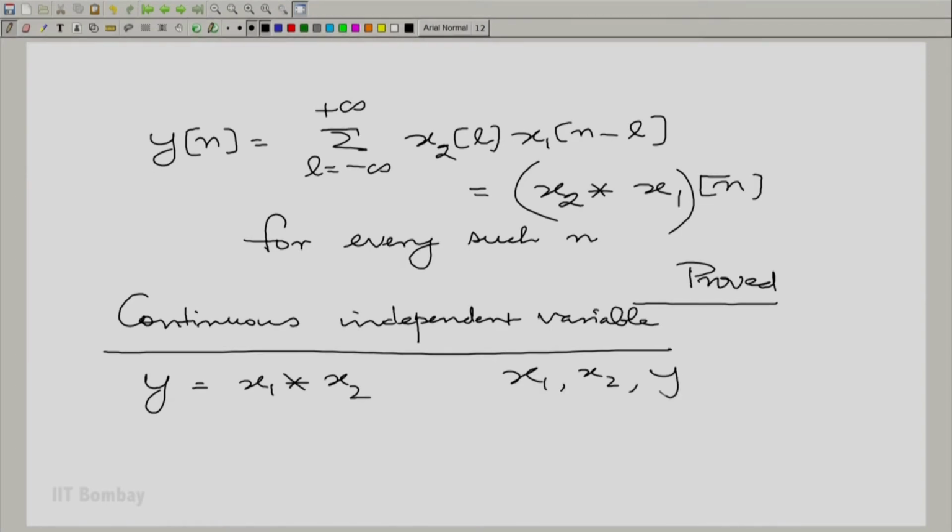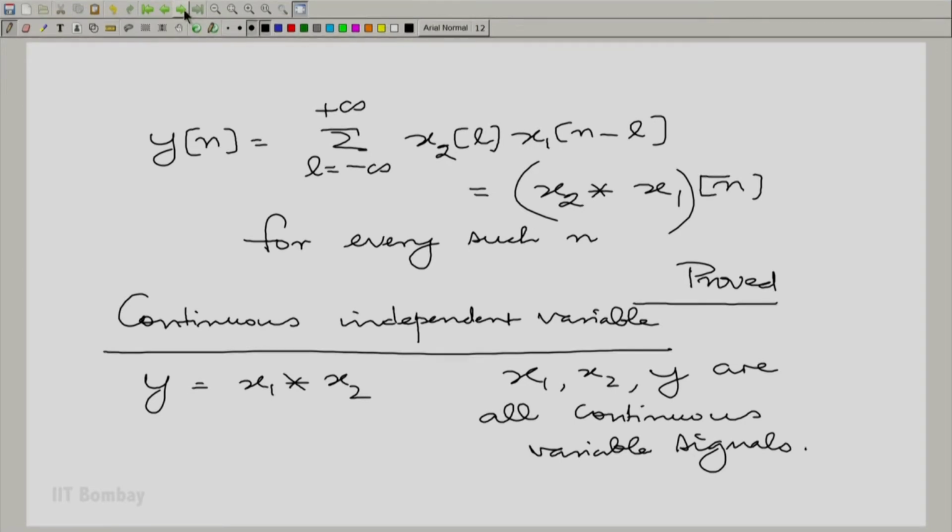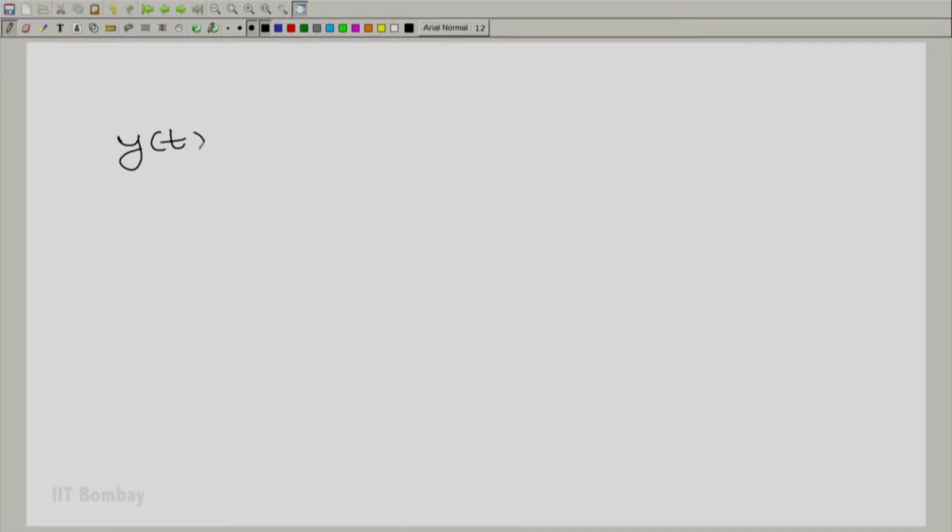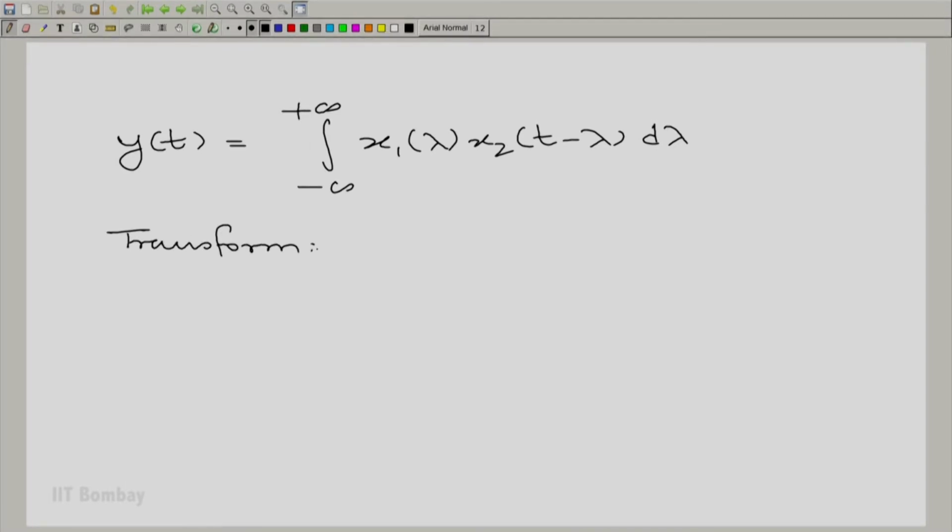The only thing is x1, x2 and y are all continuous variable signals, which then goes on to say that y(t) is the integral of x1(lambda) x2(t minus lambda) d lambda running from minus to plus infinity. And we will take a cue from the discrete case and make a similar transformation of variable.